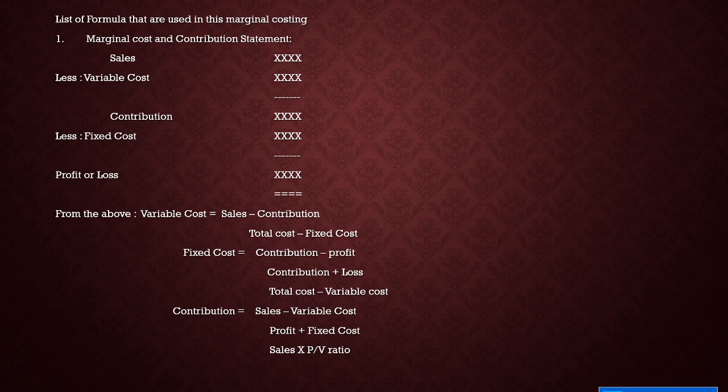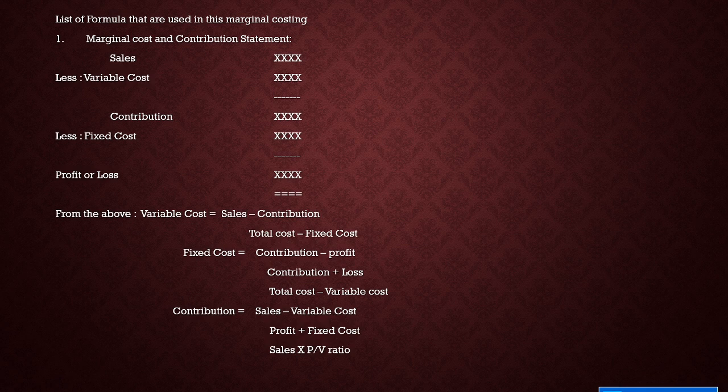So this is a basic concept in your marginal costing statement. I'll repeat, from the sales, if you minus your variable cost, the remainder is called contribution. And from the contribution, if you remove the fixed cost, the remainder will be called profit or loss. If it is positive, it is called profit. If it is negative, you call it loss.